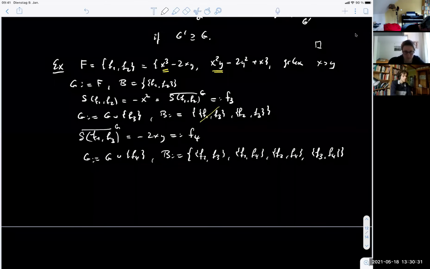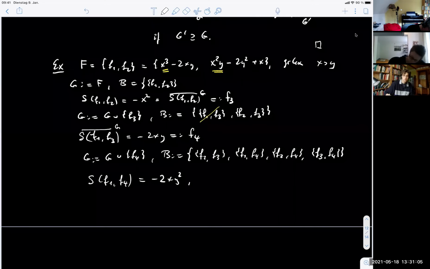Then, let's say I take f2 and f3. Let me see. Did I do something wrong? No, sorry. I do S f1, f4. Computation shows this is minus 2xy squared.